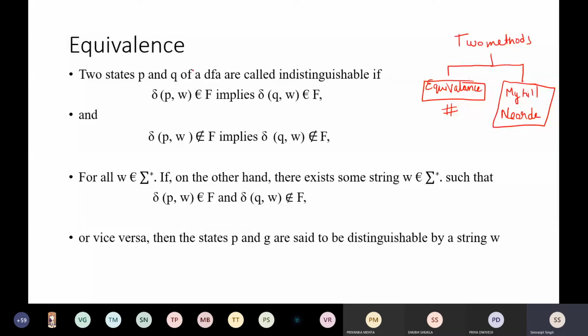Before continuing with the equivalence method, here is the definition of equivalence.